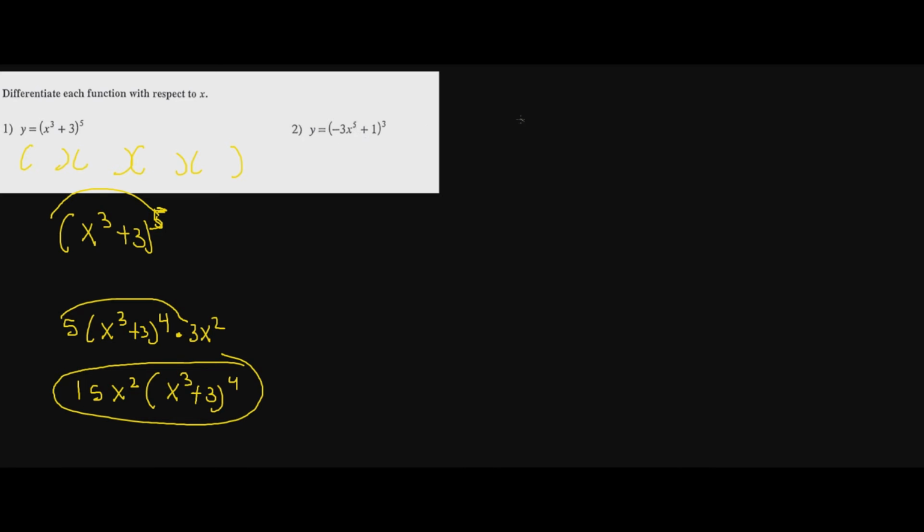So let's try this one over here. Let me just write it down one more time. And you know what? For the sake of it, my friends, let me just take a different color here. Okay, so now, well, we bring the 3 down, ignore everything on the inside, and we get 3 (negative 3x to the 5th plus 1) squared.